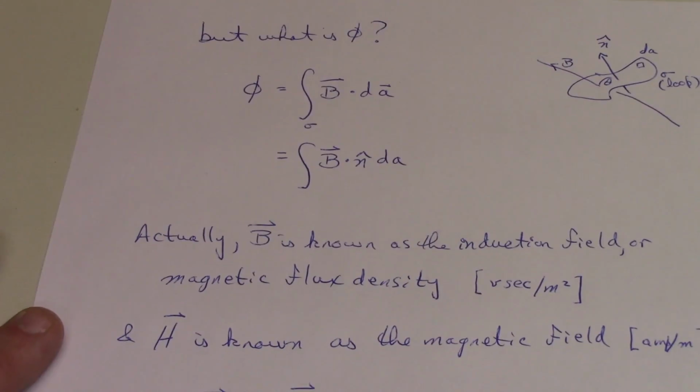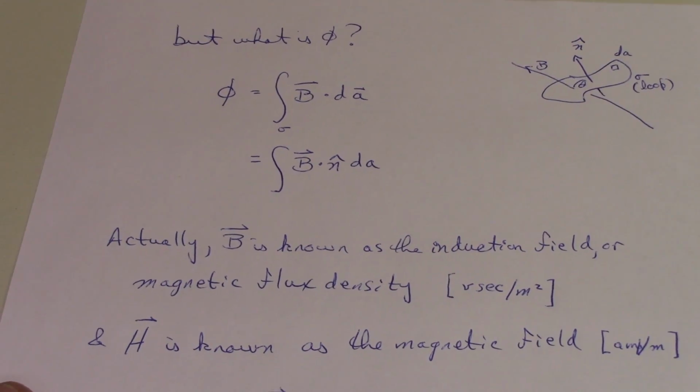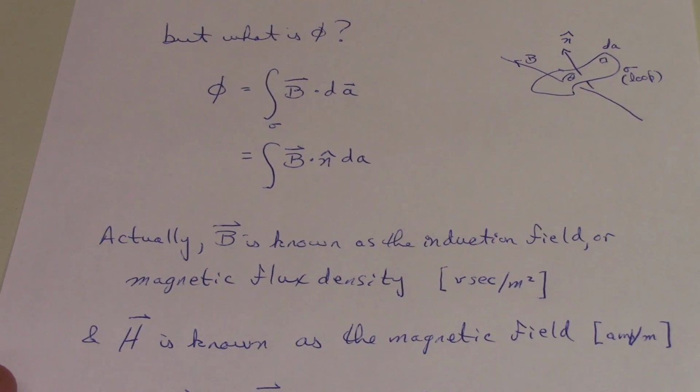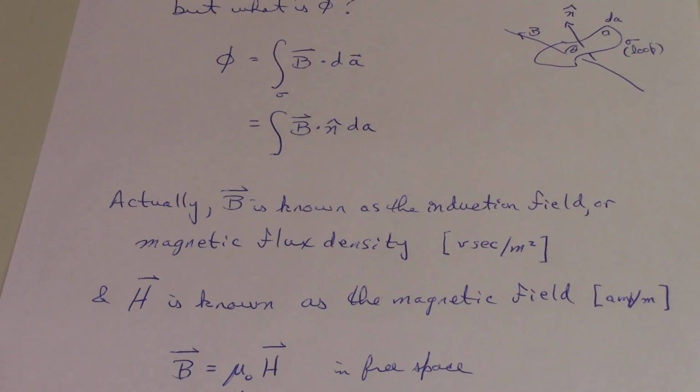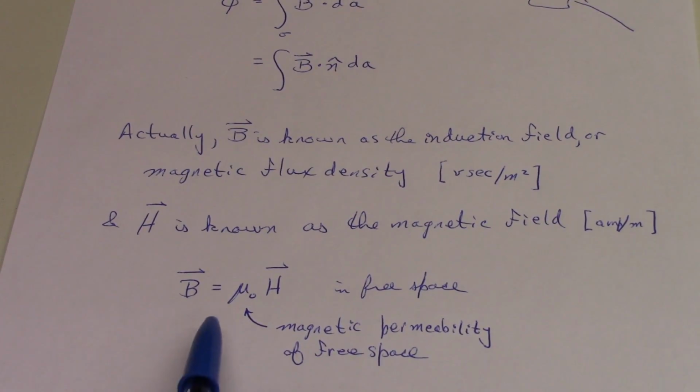First of all, I should say that the B field is oftentimes informally called the magnetic field, but it more formally is known as the magnetic flux density, or as I called it earlier, the induction field. What's known as the magnetic field is actually symbolized by H. The two are equal to within a factor of the magnetic permeability.